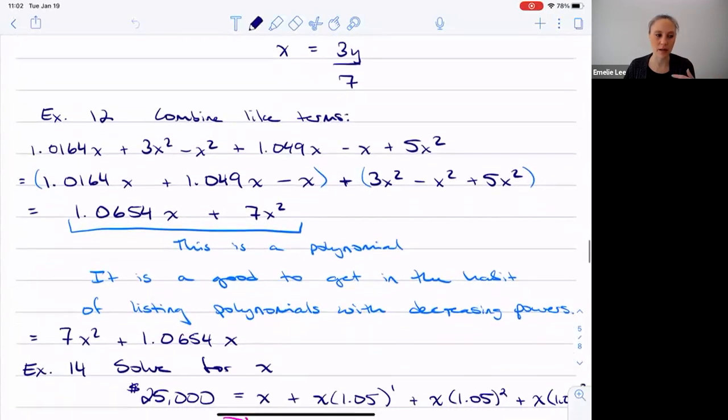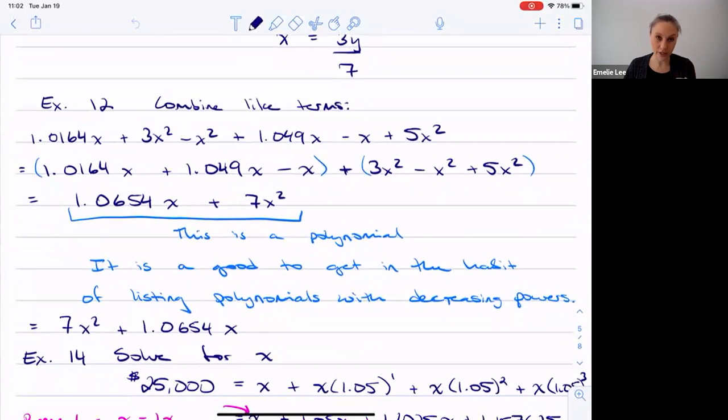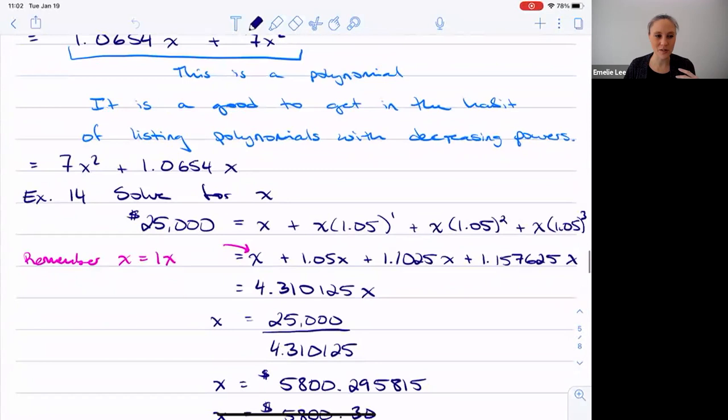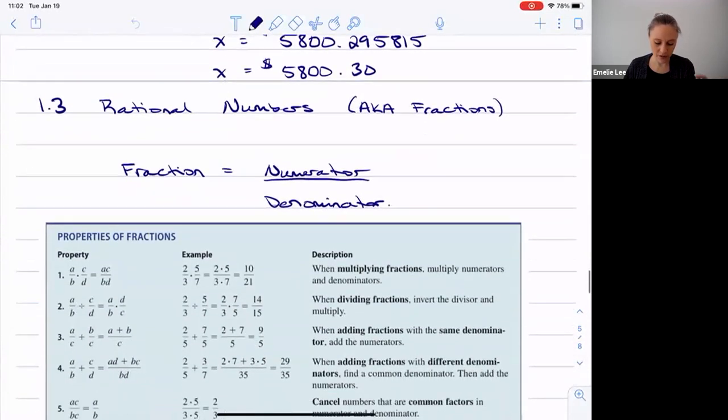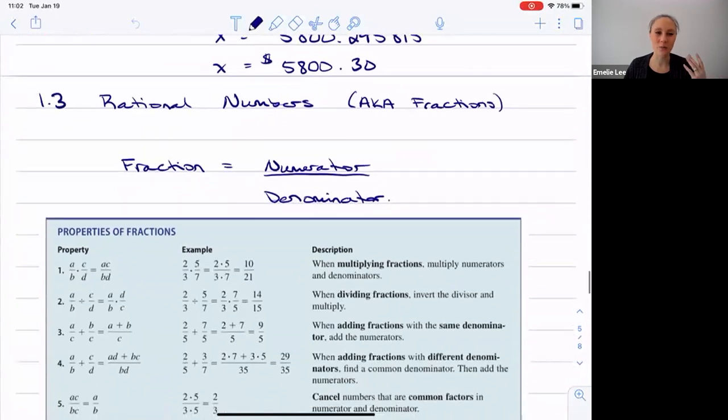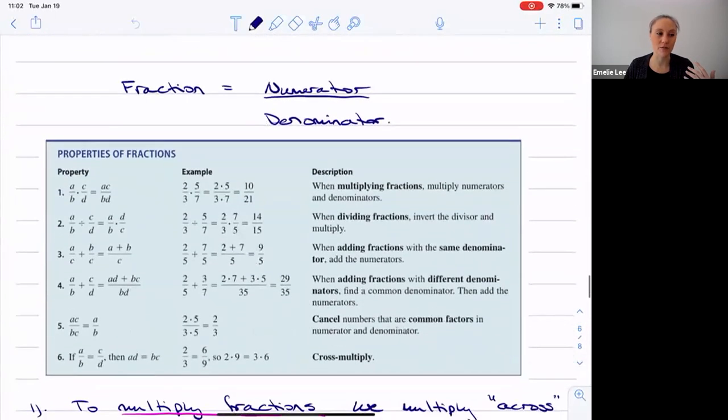We even talked about polynomials a little bit, and solving problems by collecting like terms. Then we moved on to rational numbers, which are just fractions, and we went through the properties of these fractions. We only got through 1 and 2, which is multiplying and dividing fractions, but we'll review those.